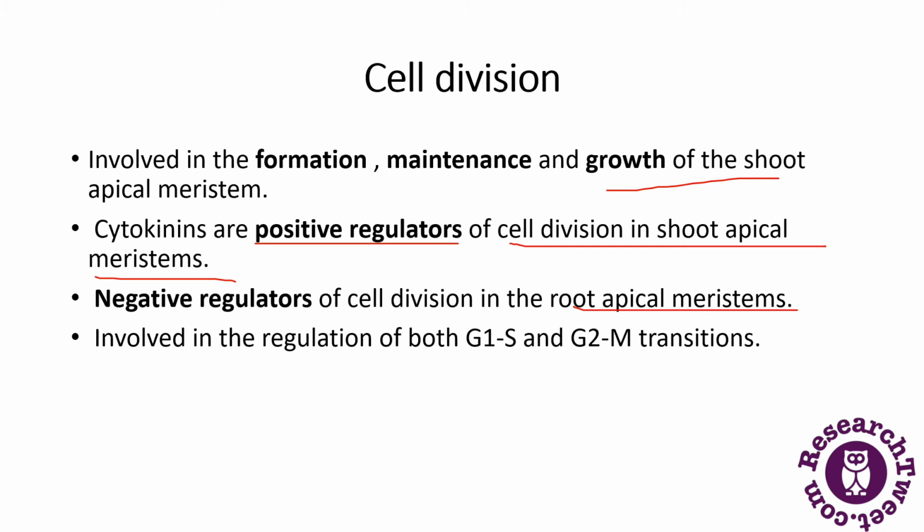They are involved in the regulation of G1/S and G2/M transitions. This is how cytokinin plays a role in cell division, acting as both a positive and a negative regulator.